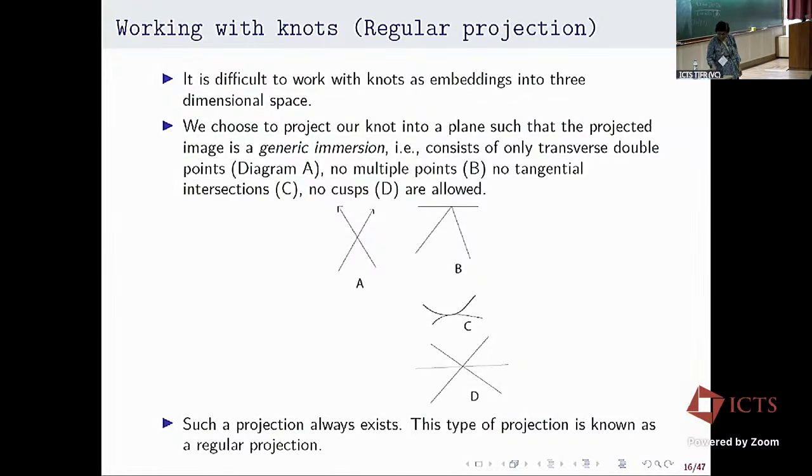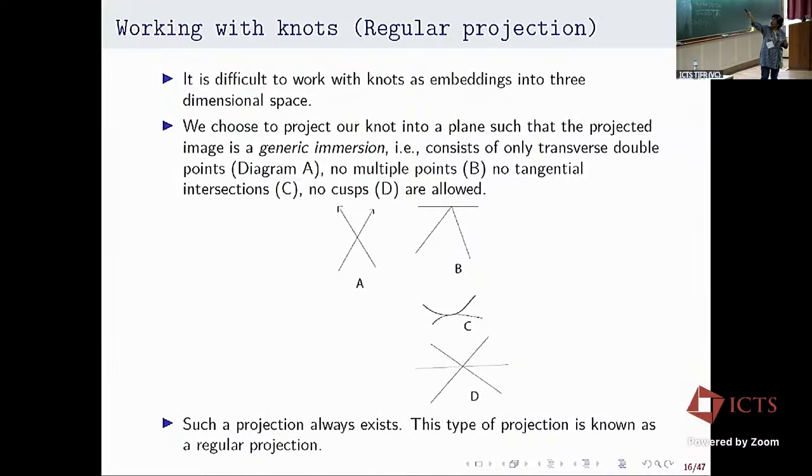So the question is, how do I choose a plane? Because we are dealing with tame knots, it has been proved by an algebraic geometry kind of argument that we can always find a plane where, if you project, the projection does not have triple points.